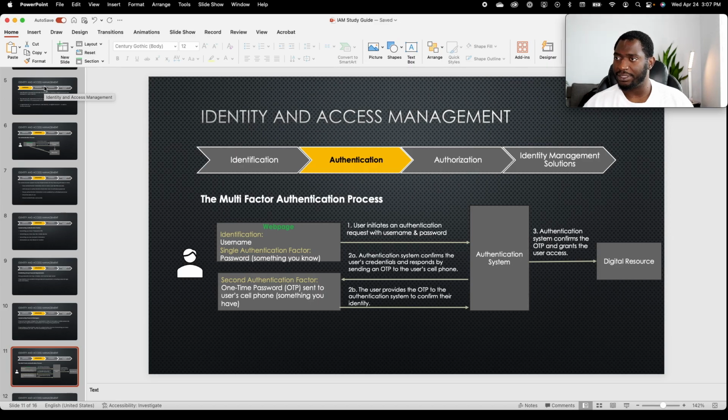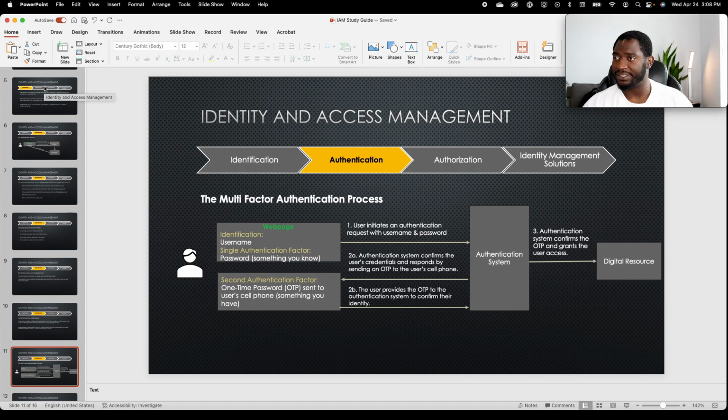So in this scenario, the user has initiated an authentication request with their username and password. The authentication system has approved their initial request and now has sent a one time password as a text message to that user's cell phone and is prompting the user to provide that one time password back to the authentication system so that the authentication system can validate that the user is indeed who they claim to be.